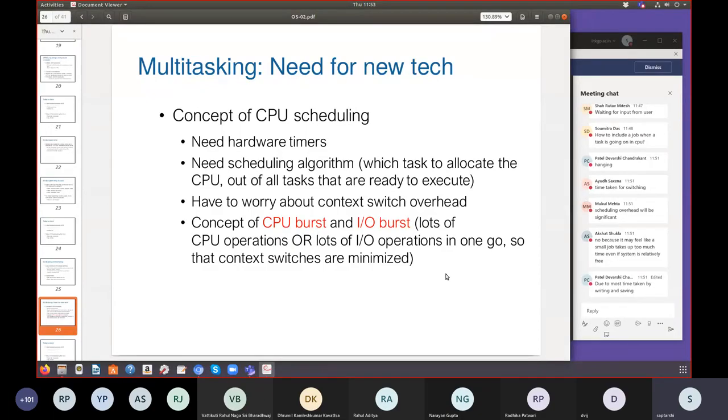Suppose you have written a task, and every time the CPU is allocated to your program, it just does 2 or 3 CPU operations and then asks for IO. So again, it has to be switched out. At some later point, it is allocated the CPU again, does 2 or 3 CPU operations, and again asks for IO and is switched out. So this is very inefficient.